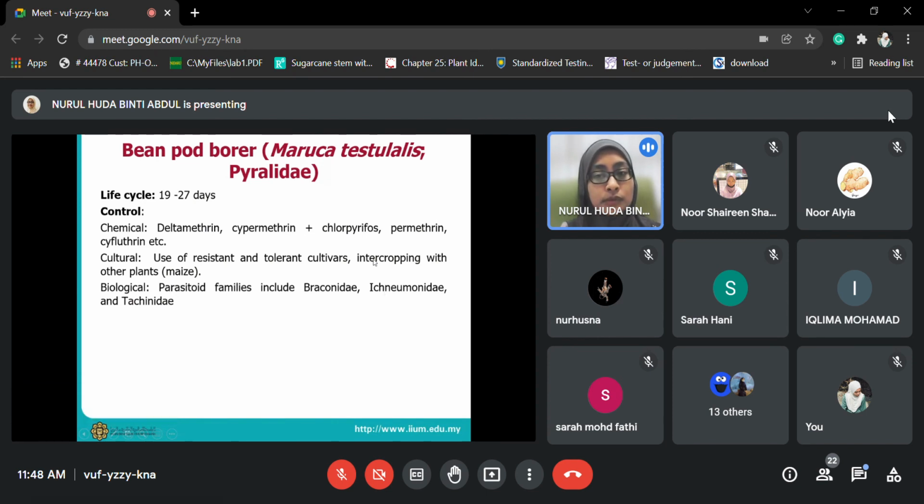And then you can also do intercropping with other plants like maize. The purpose of intercropping is just to distract the pest's attention. Meaning when you plant alternating with plants which are not its host, like maize, which is not a host of the bean pod borer, it will distract the pest's attention. Intercropping means you plant mixed, one row of beans, one row of maize, one row of beans, one row of maize.